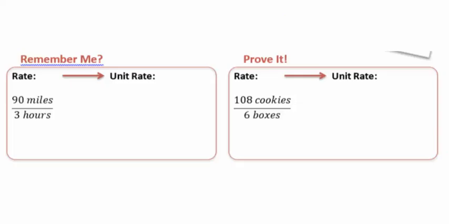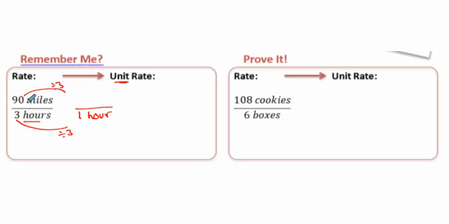Here's some things that you've heard of. If I can drive 90 miles in 3 hours, the unit rate, remember, is I want to know how far I can go in one, so in this case, in 1 hour. So I set up my ratios. I'm going to divide by 3.